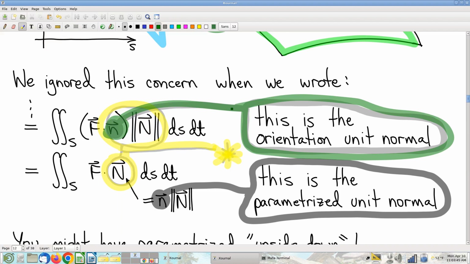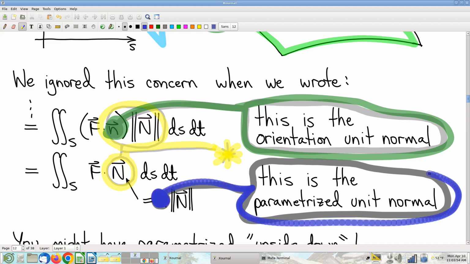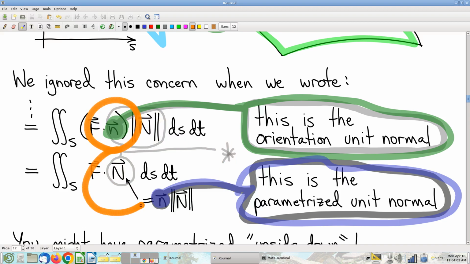And when I said, check it out, look at what I've got in yellow, that's the same as the capital N vector. Well, the capital N vector's direction is the parameterized unit normal. I was therefore inappropriately assuming that these were the same. And again, 50% of the time, they're not. So, mea culpa. Does that make sense to everybody?